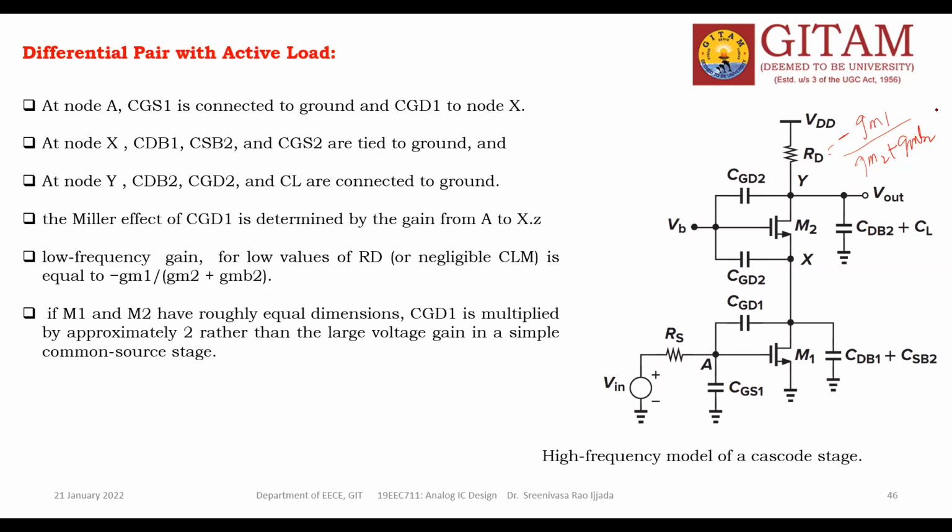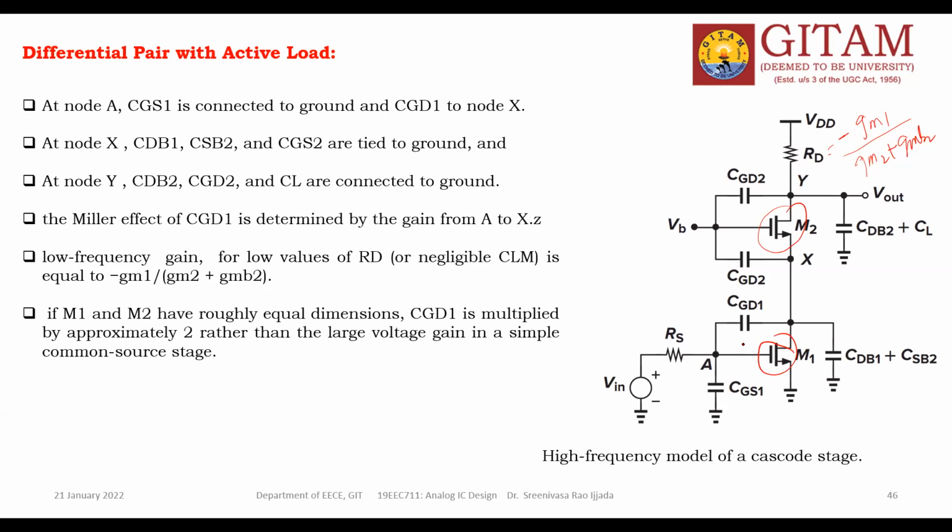And if M1 and M2 have roughly equal dimensions, if these two are identical transistors, then the gate to drain capacitance of M1 is multiplied by approximately 2, rather than the large voltage gain in a simple common source stage.